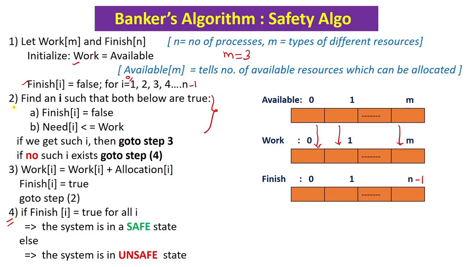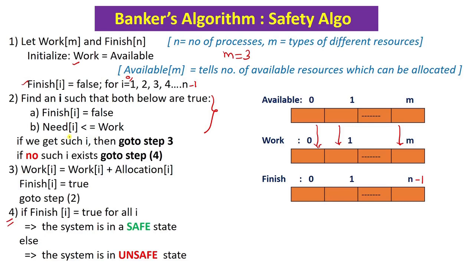So we will come to our second step and find an index i which can satisfy these two conditions. We will find a process which is not completed as of now, and we will also check that the need of that process should be less than the work.